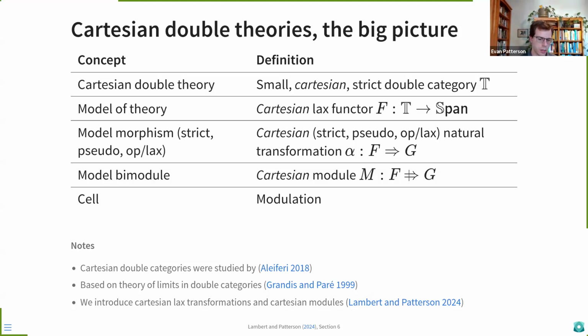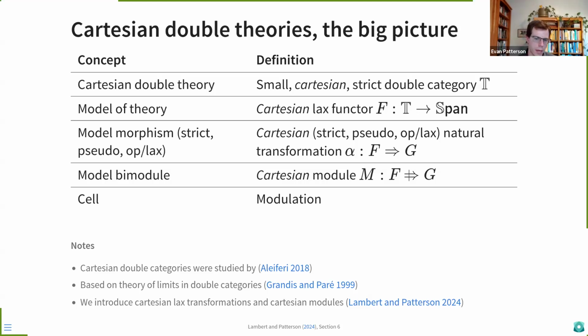It can also be understood in somewhat less abstract terms as an instance of the theory of limits in double categories that was developed by Grandis and Paré. So this is essentially the default notion of a product in a double category. And so Cartesian double theories are something closer to being a direct categorification of an algebraic theory, some kind of theory that has a product as its basic structure.